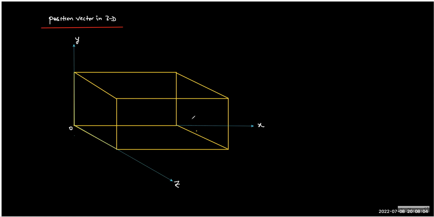So now the XYZ axis is shown to you. If you look at the point P here, you can clearly see it is neither on the x-axis, nor y, nor z, right? So it is in 3 dimensions.